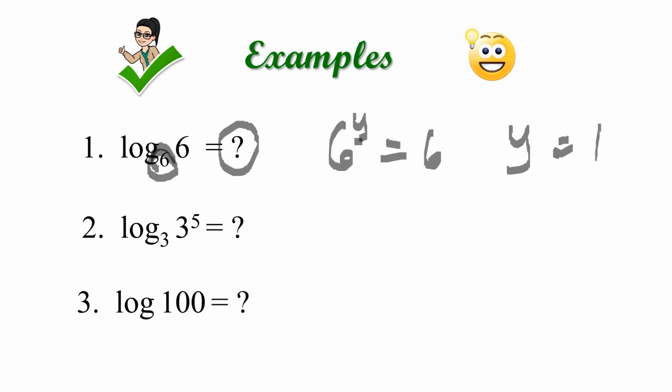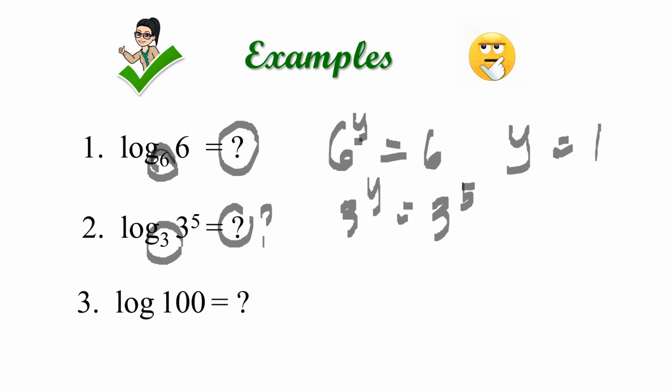Next, logarithm of 3 to the 5th power to base 3. What should be the exponent of 3 for us to get 3 to the 5th? So this is 3 raised to y is equal to 3 raised to 5. Obviously, no need to compute anything.